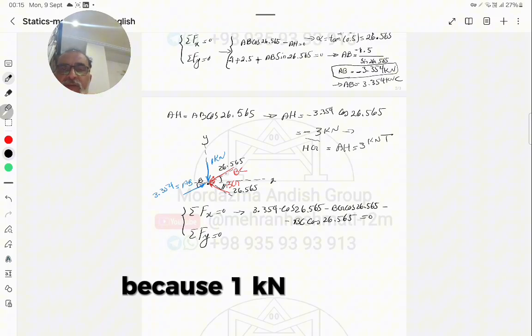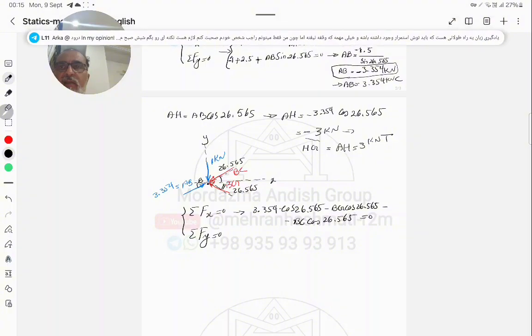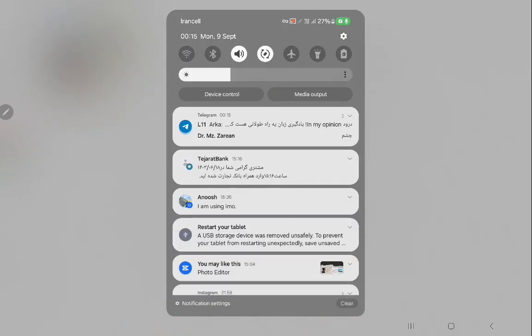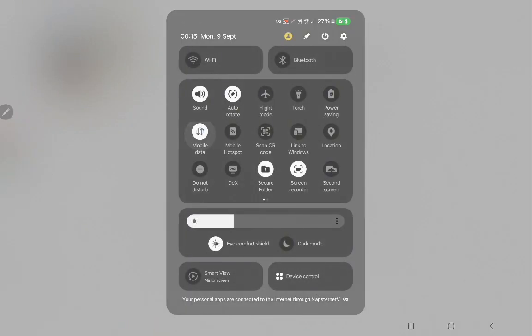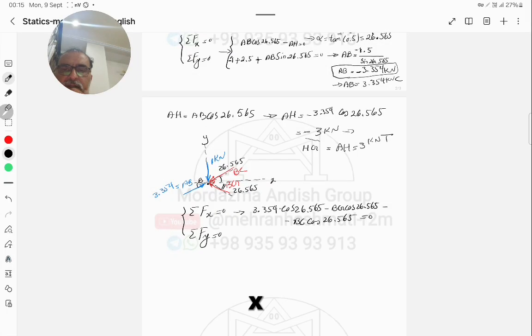Because 1 kilonewton doesn't have any components in x direction.